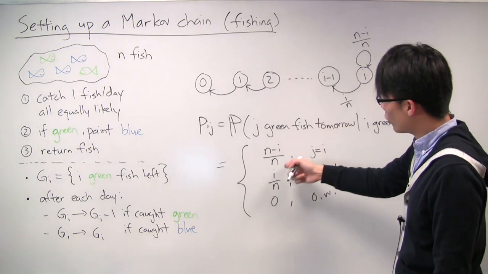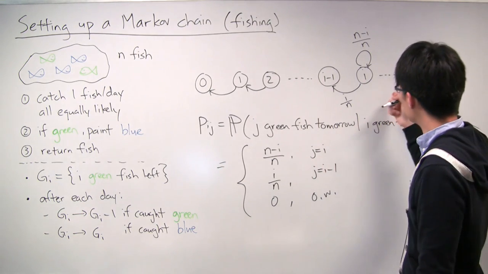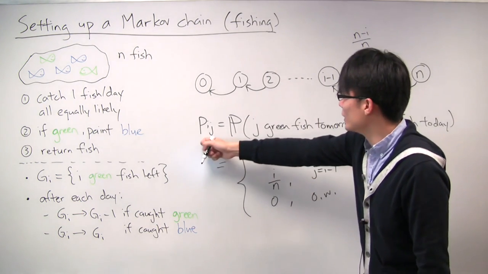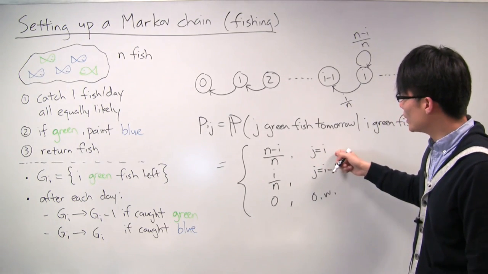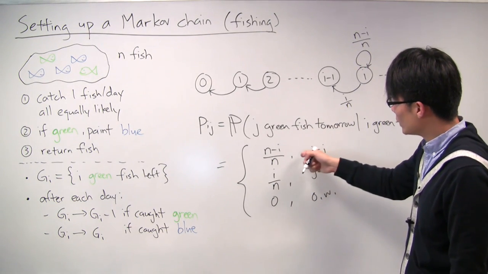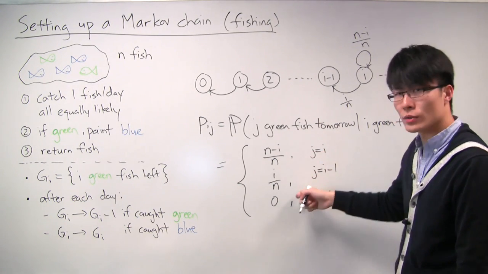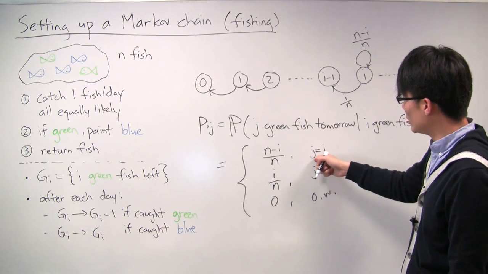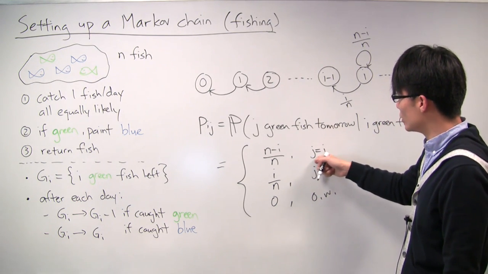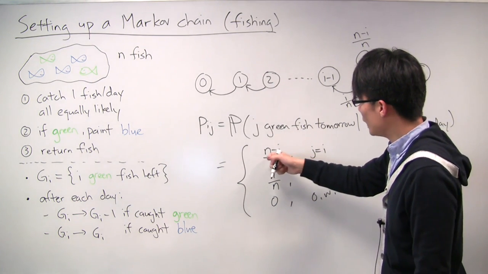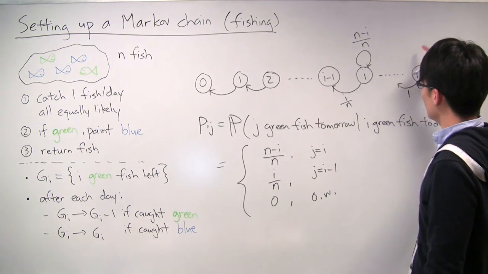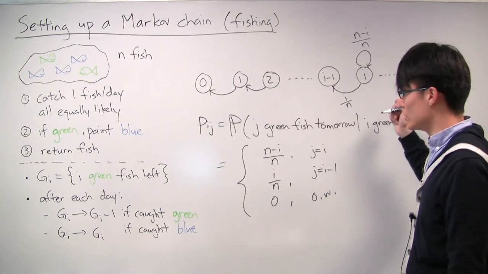Now let's go back to our formula and verify that it actually gives us the right value. If i is n, then the transition probability to j, where j is also n, is n minus n over n, which is 0. And that's exactly what we said: we argued that the self-transition probability should be 0.